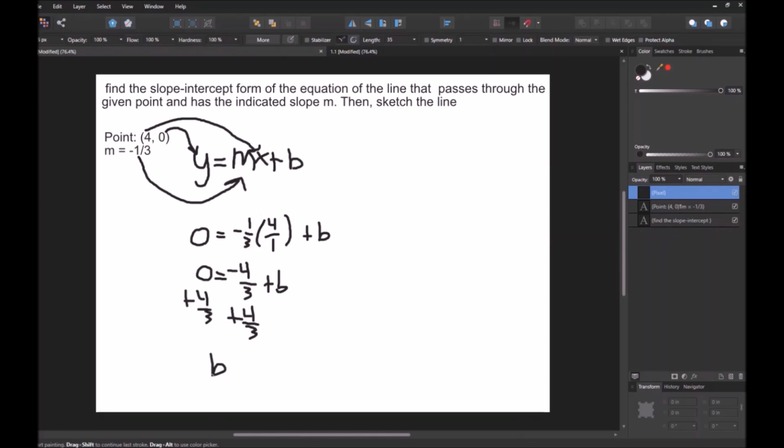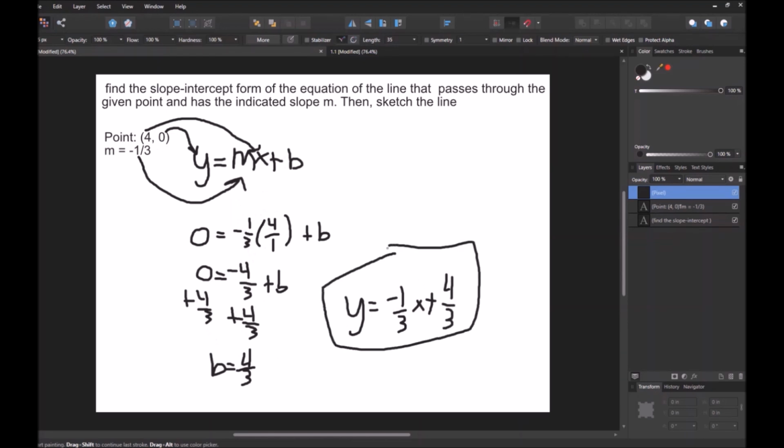And we get b is equal to 4/3. So then when we go to write the slope-intercept form of the equation, we have our slope and our b. So we're going to write y equals negative 1/3 x plus 4/3.